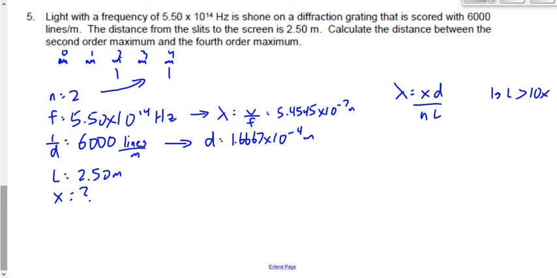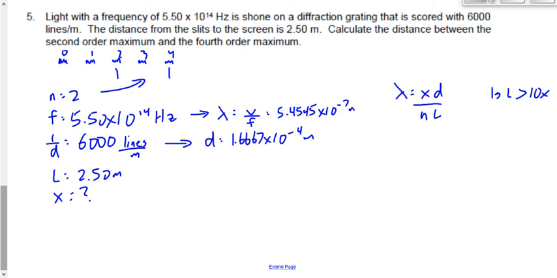Theta is always measured from the central max. And here we've got the second order maximum and the fourth order maximum. But you know what, guys? You don't need to worry about it. Like I said in that other question, I think it was question number 1 on page 693, if you have to solve for x, the only way to do it is to use this equation.